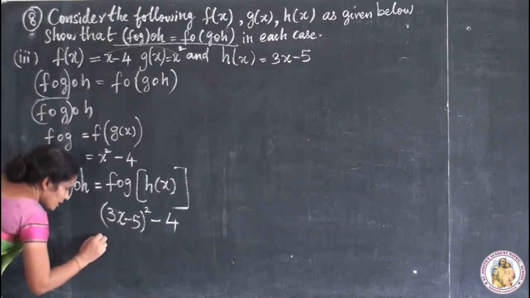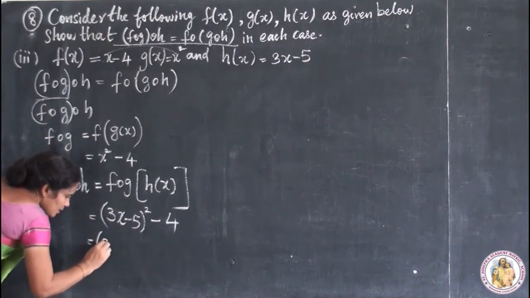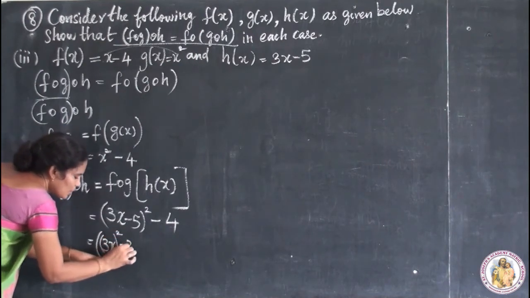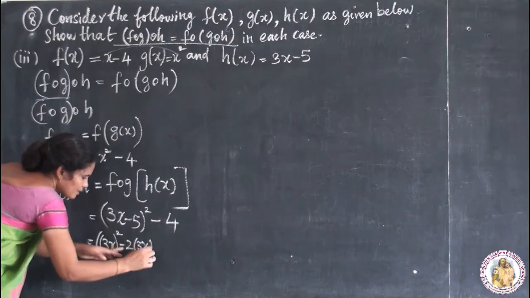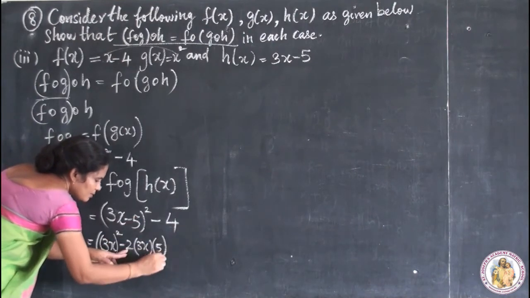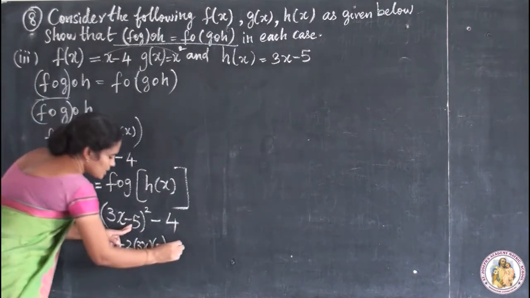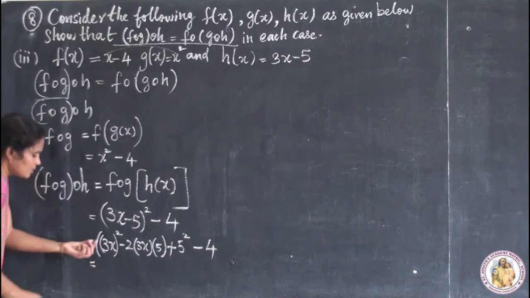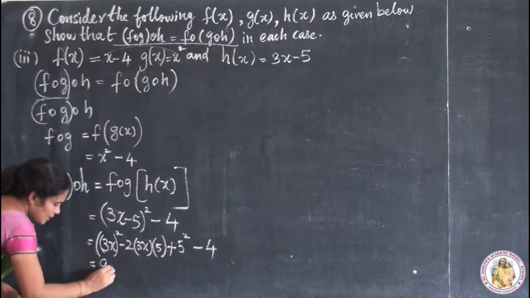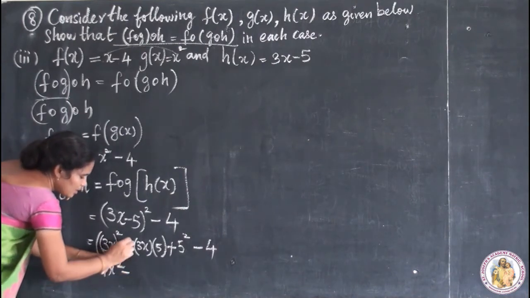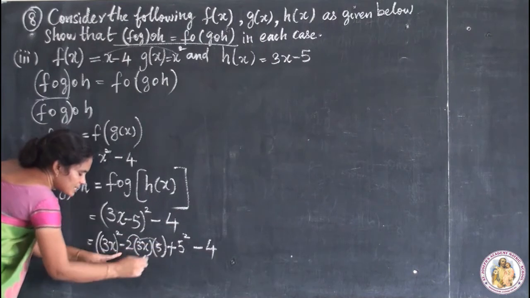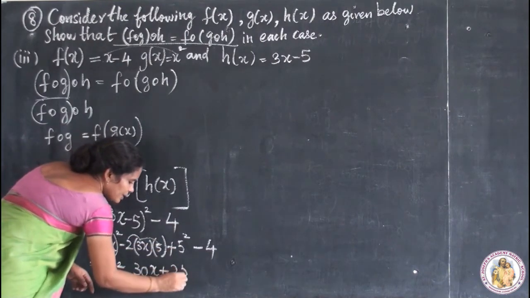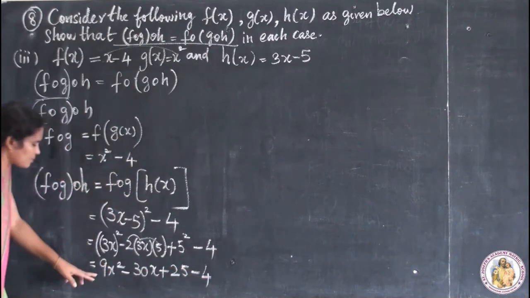A minus b whole square is a square, 3x square, minus 2ab, that is 5, plus b square, that is 5 square minus 4. 3 into 3 is 9x square minus 3 2s are 6, 6 5s are 30, 30x plus 5 into 5, 25 minus 4.